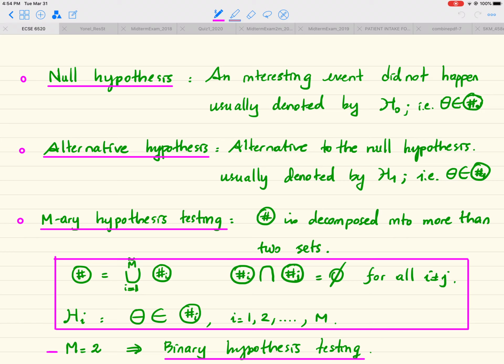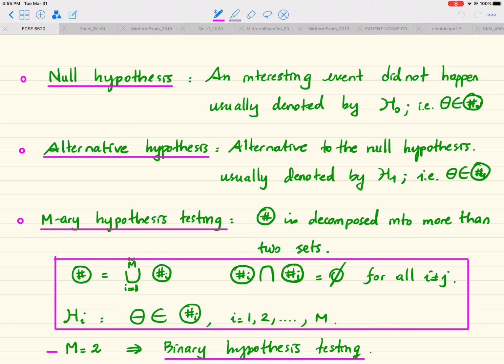For example, target is present. Okay. Now, we have defined binary hypothesis where theta belongs to either one of the sets. We can extend it to what's called M-ary hypothesis or multiple hypothesis testing problem, where our parameter set, Θ, is now decomposed into M disjoint sets.